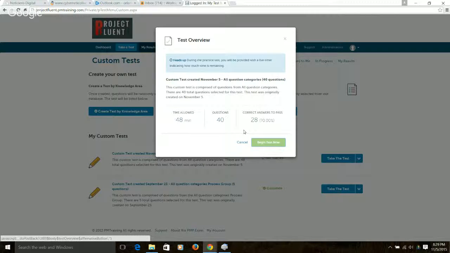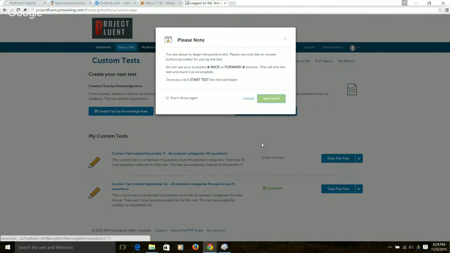That's a guesstimation of what the PMI passing score is, but no one really knows for sure. For this test, we have to get 28 right to pass it. Let's begin the test. They don't want you to use the back and forward, so let's start.